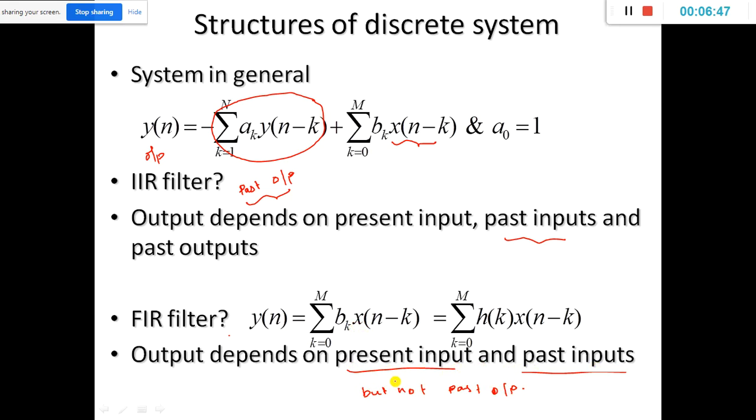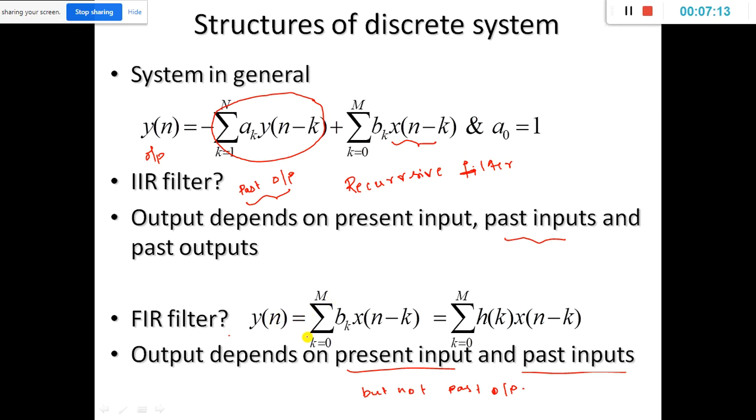So this is a very important difference between the IIR filter and the FIR filter. Since the IIR filter depends upon the past output also, it is also called a recursive filter.